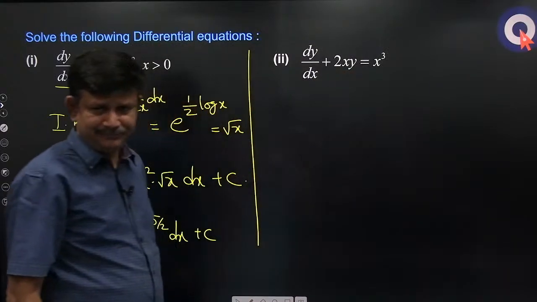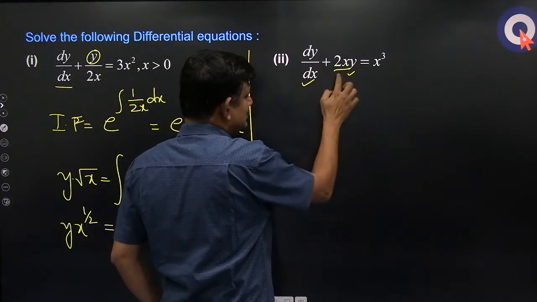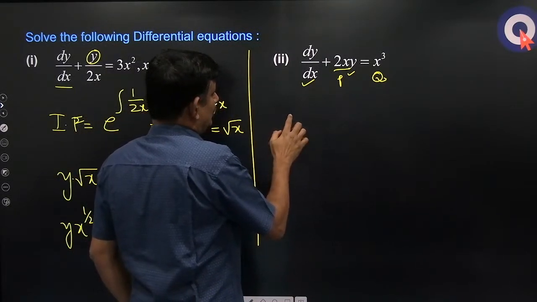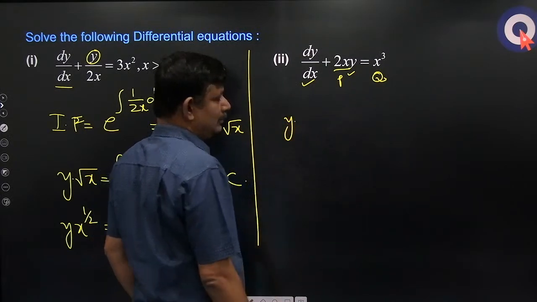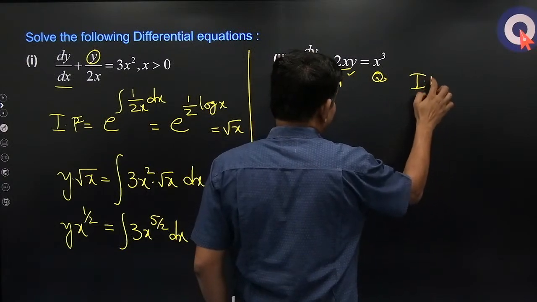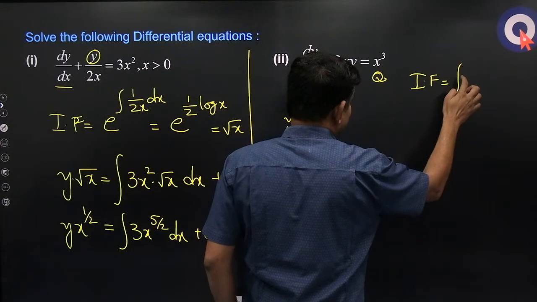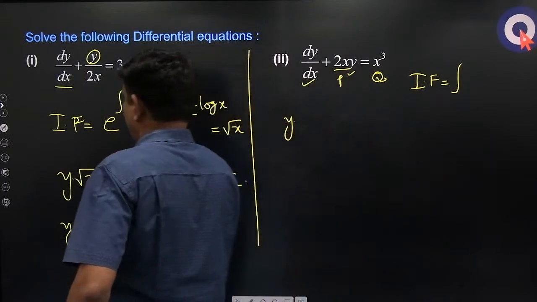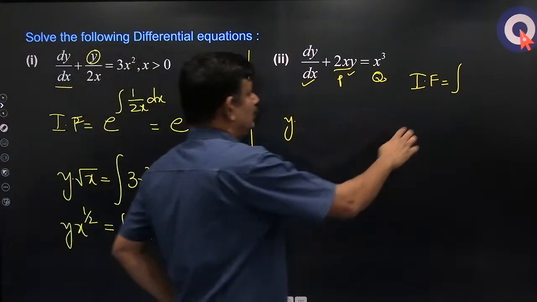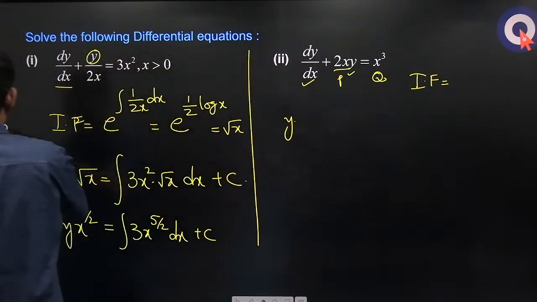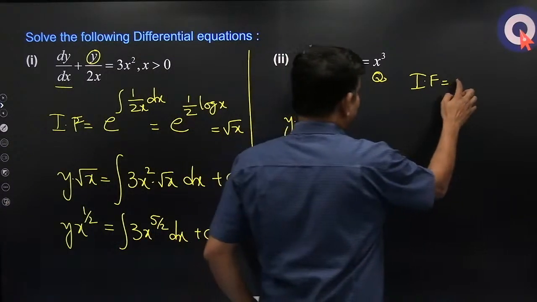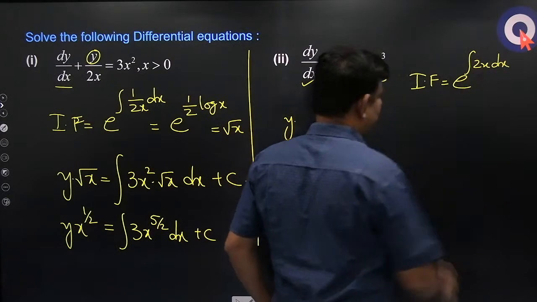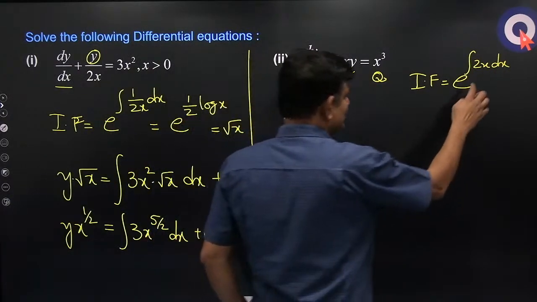Here what will we do? Same thing. This is again a linear differential equation, dy by dx. This is your p, this is your q. So y into integration factor is how much? IF will be e power integral of p dx, 2x dx. e power integral of 2x dx, which is how much?